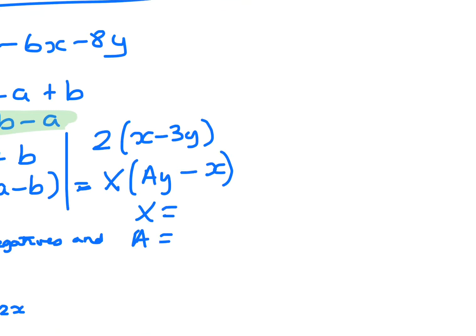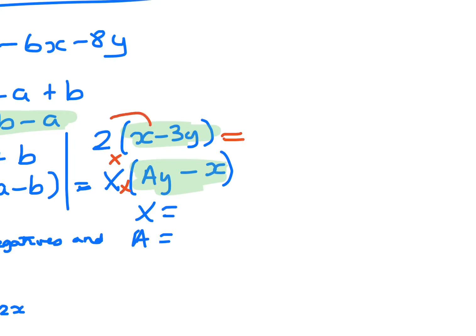Now what's going on here is you might notice that the x minus 3y and the y minus x are the wrong way around. So what you need to do is take out an extra negative.